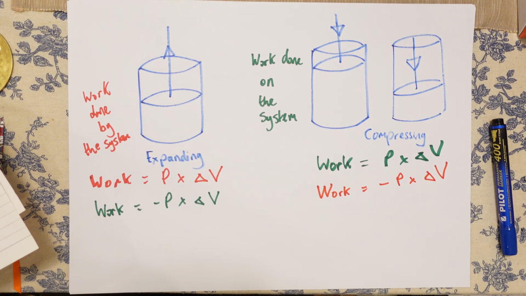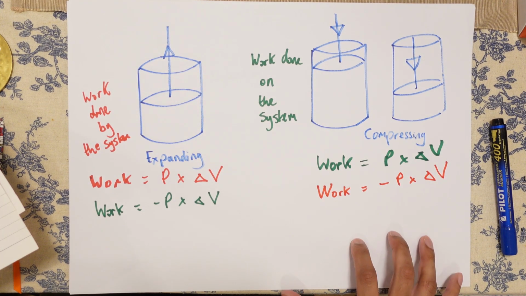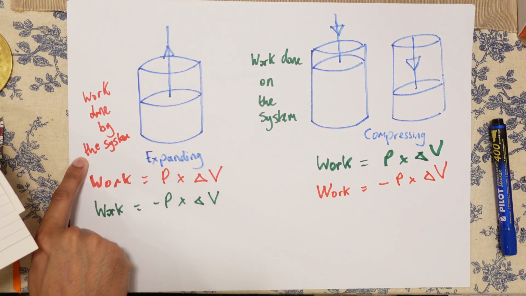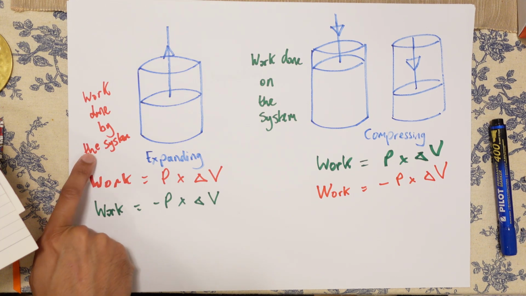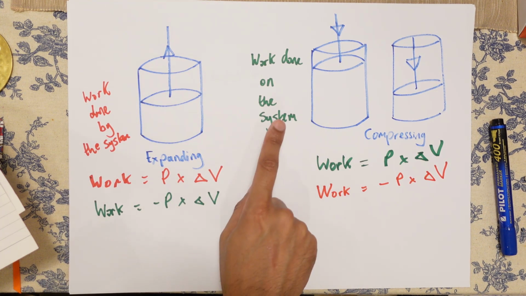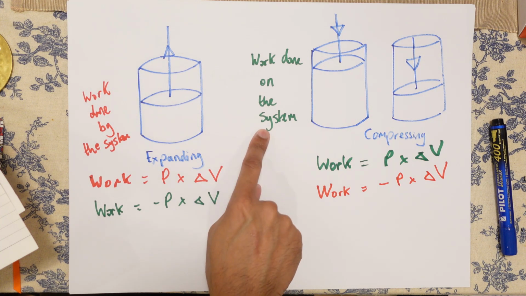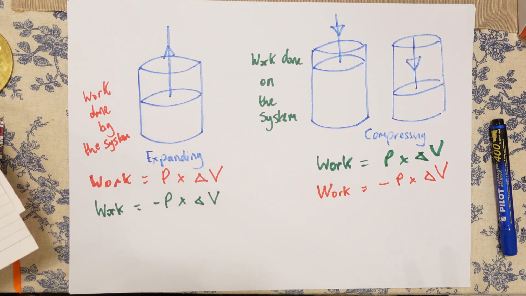So it all depends on your perspective, whether you're the system doing work, or you're doing the work onto the system itself. It's kind of a little bit confusing, but just bear with me with that particular one.